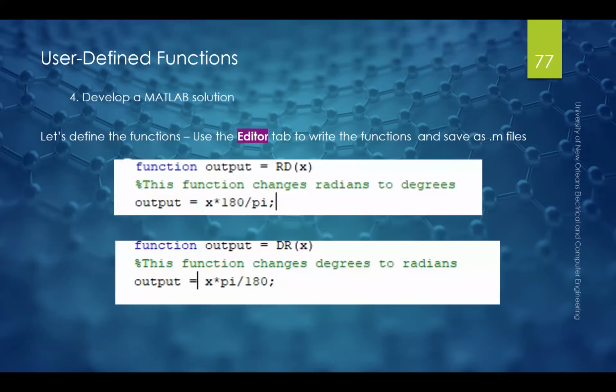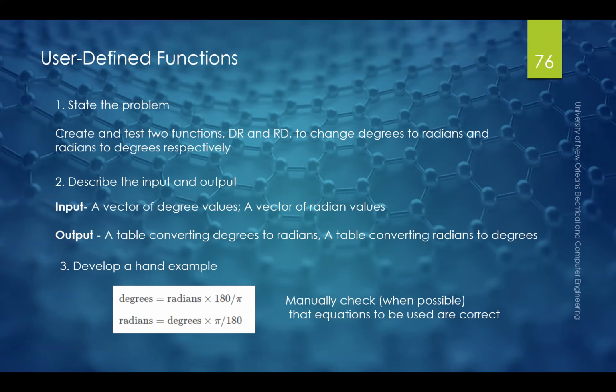So we want to develop a hand example when possible. In this case, it's easy because we know the relationship between degrees and radians, right? Given by these expressions. So you can manually check, in this case, very easily, that the equations are actually correct, right? By just checking a couple of numbers, if degrees gives you the right radians, and if radians gives you the right degrees.